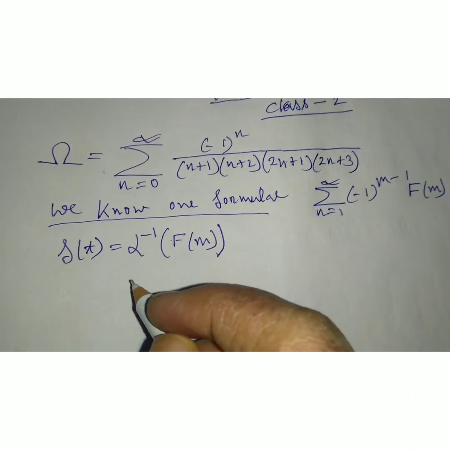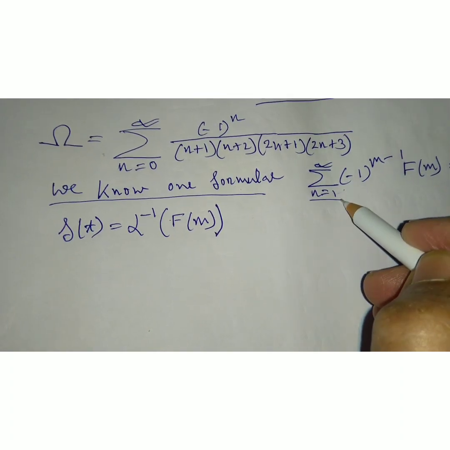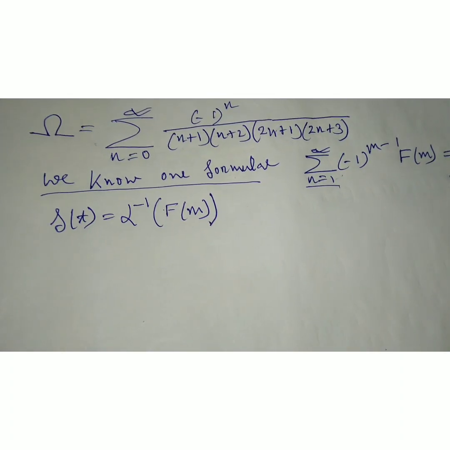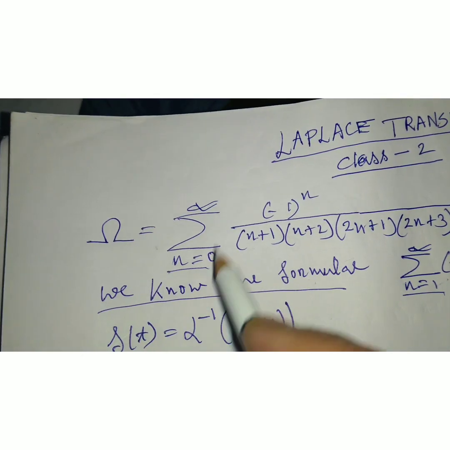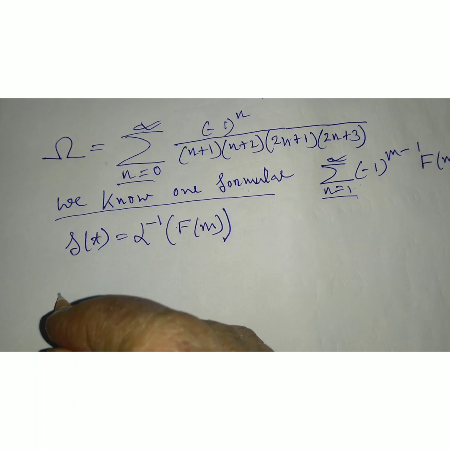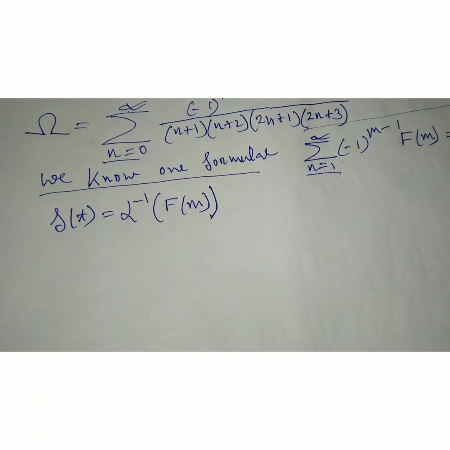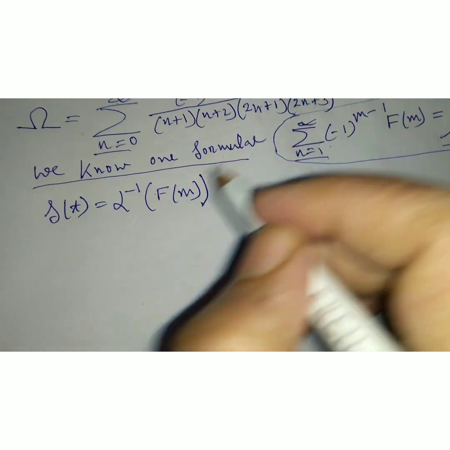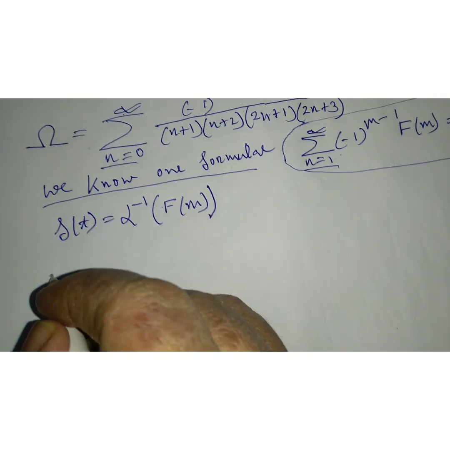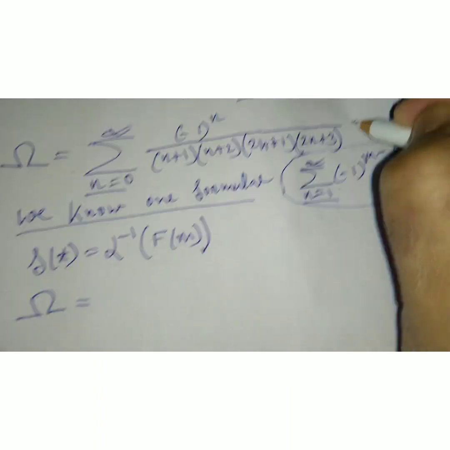Okay, so according to the question, the formula has n equals 1, and here it is given n equals 0 to infinity. So I will use this kind of application. I write this as equation number 1.